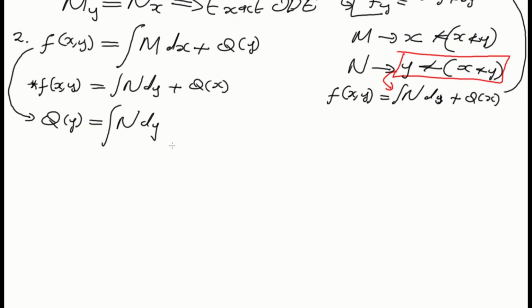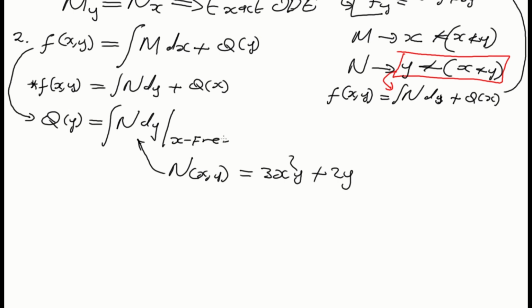But of course, this is a multivariable function. N(x,y) is a multivariable function, which could be, for instance, 3x squared y plus 2y, maybe like this. So when you perform this integration, only focus on x-free terms.